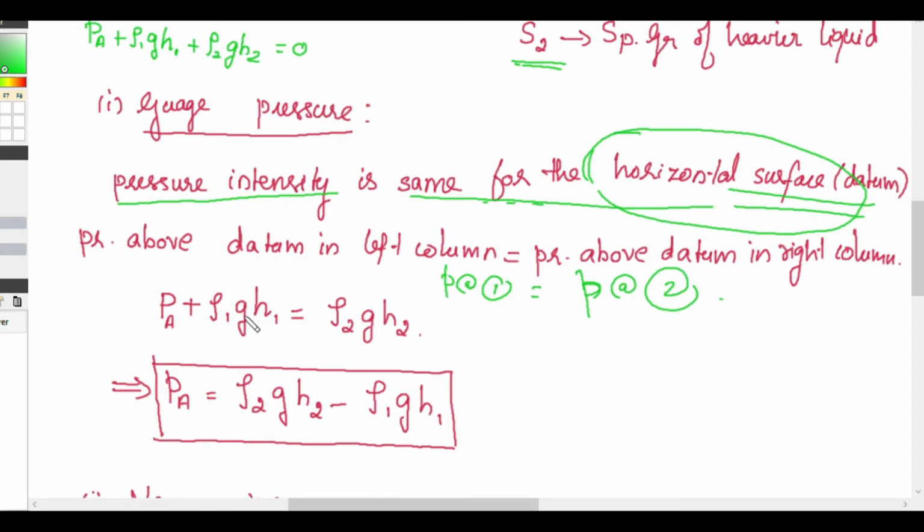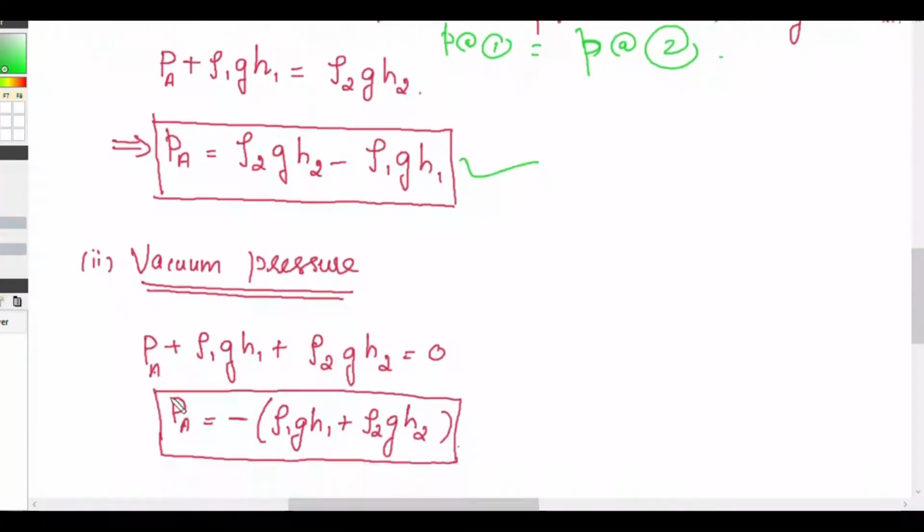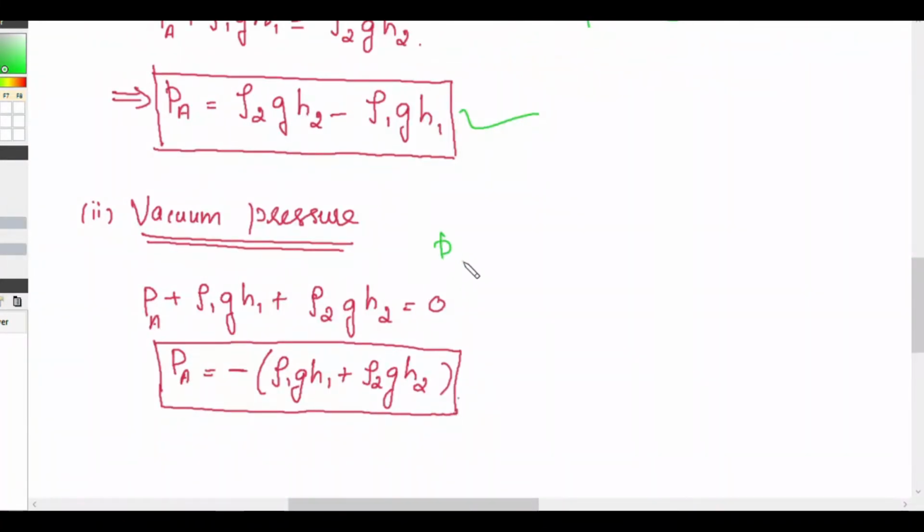Substituting the values, we will get the pressure at A. Similarly, for the second case, pressure at section 1 will be equal to pressure at section 2. Pressure at section 2 is 0. Pressure at section 1 is PA plus rho 1 GH1. So from this we can get PA, the pressure intensity at A, is equal to minus of rho 1 GH1 plus rho 2 GH2.